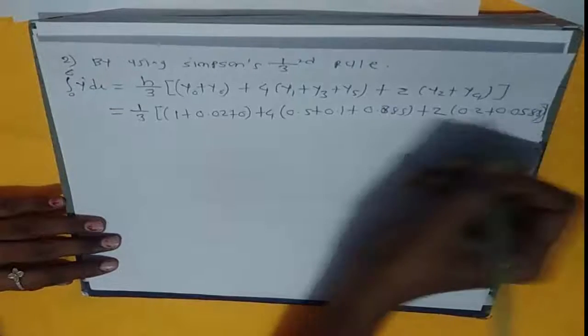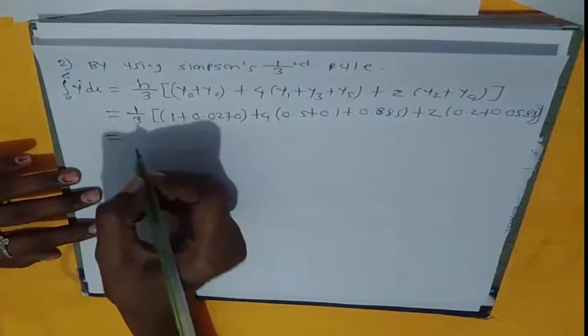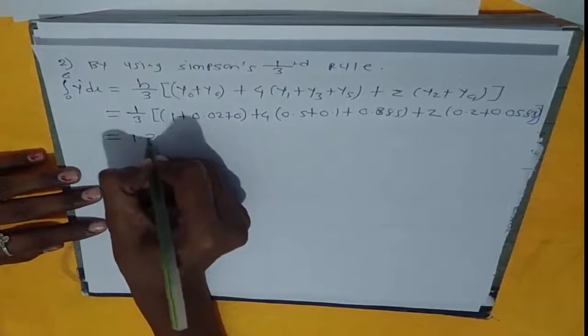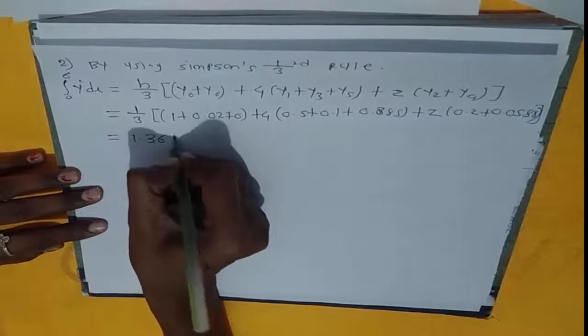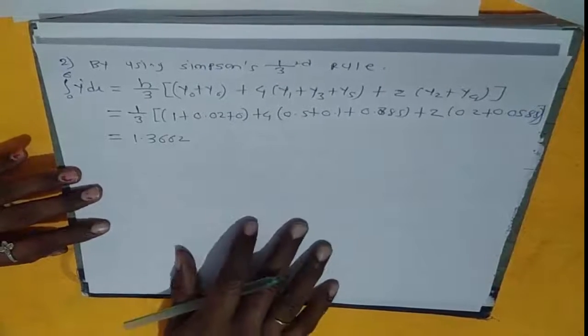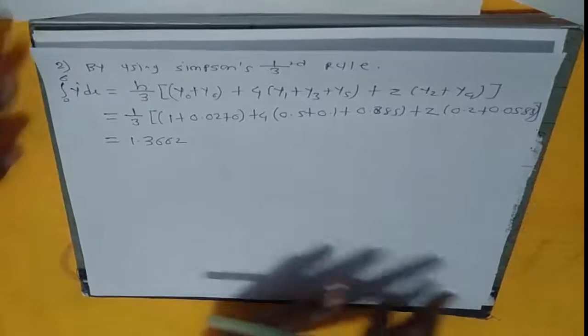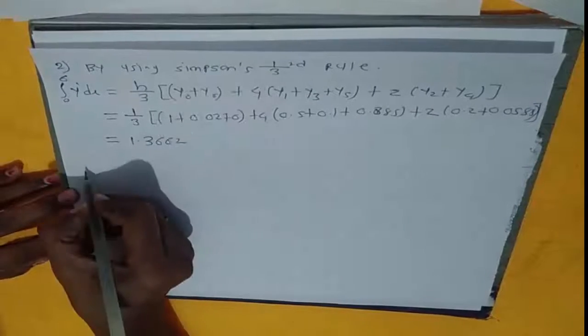Bracket complete. Then after simplification we get the value 1.3662. So this is the value of the integral by using Simpson's 1/3 rule.